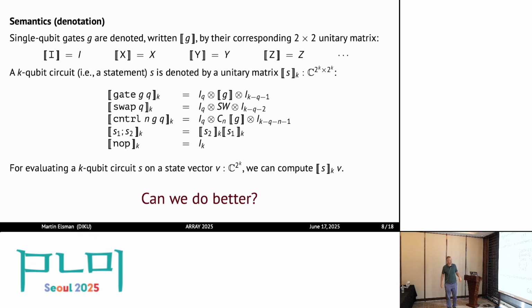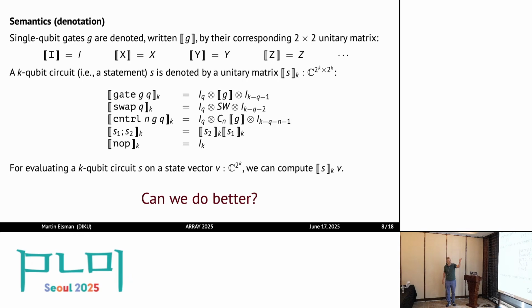That means that the complex unitary matrices that we are going to use as a denotation for the various statements will be C to the 2 to the k times 2 to the k. Okay, and we use then the tensor product to say that if you apply a gate operation on the qth qubit, you first apply the identity on the first q minus 1, and then the gate comes, and then the identity on the remaining qubits. This is how to read this.